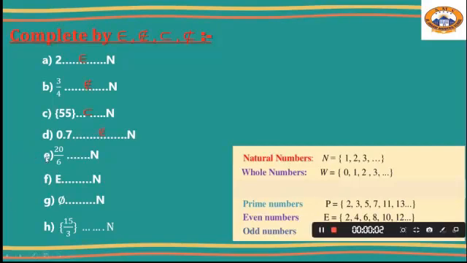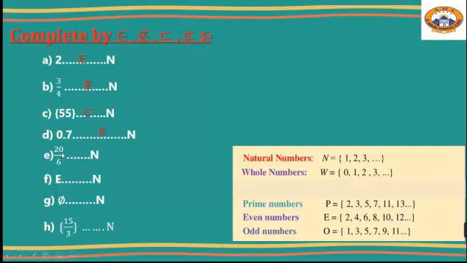Okay, letter E: 20 over 6. I have to solve it first. We will divide 20 by 6. Can you find 20 in the table of 6? No. The nearest number in the table of 6 is 18. So who will go up?